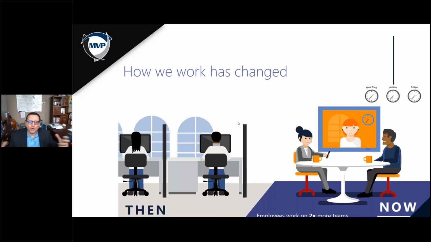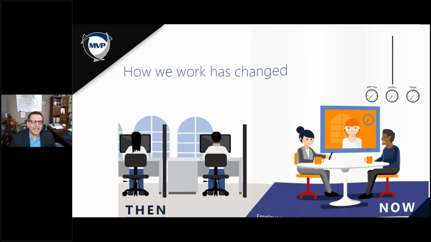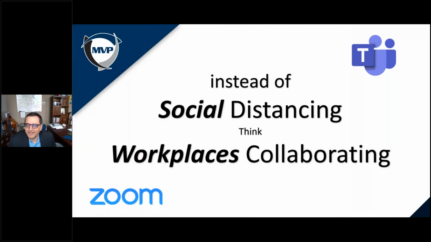Employees are working in more teams and they want to work more collaboratively and they want to work together, and they want to make their life a little easier by being able to be involved in everything that's happening that they are responsible for. So instead of social distancing, I would like you to think about workplace collaborating.